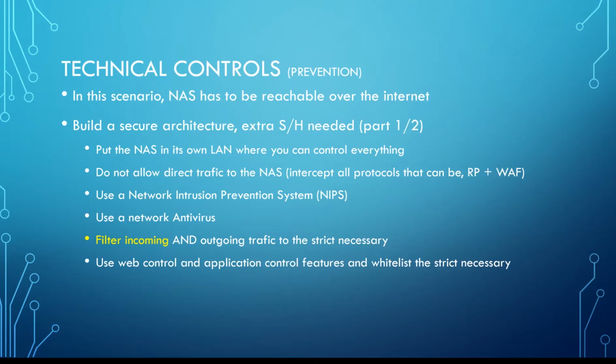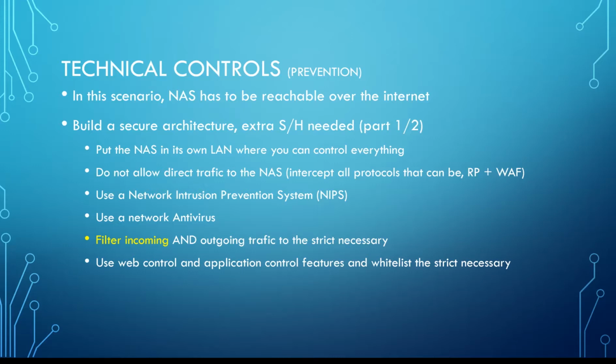The NAS is not going to be able to answer all those security controls and needs because it's not its primary purpose. For the next two slides, what is in yellow is what the NAS can do, and what is in white is what needs an extra layer of software or hardware.